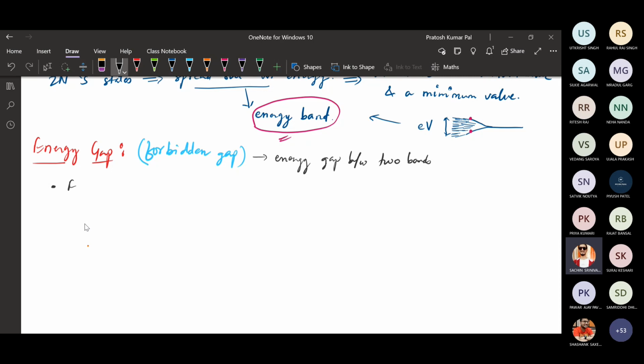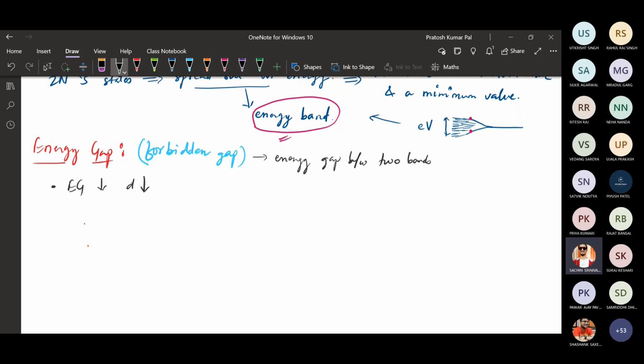So you can write it like this: the energy gap decreases with decreasing atomic spacing. As we decrease d, the interatomic distance, the energy gap will decrease.